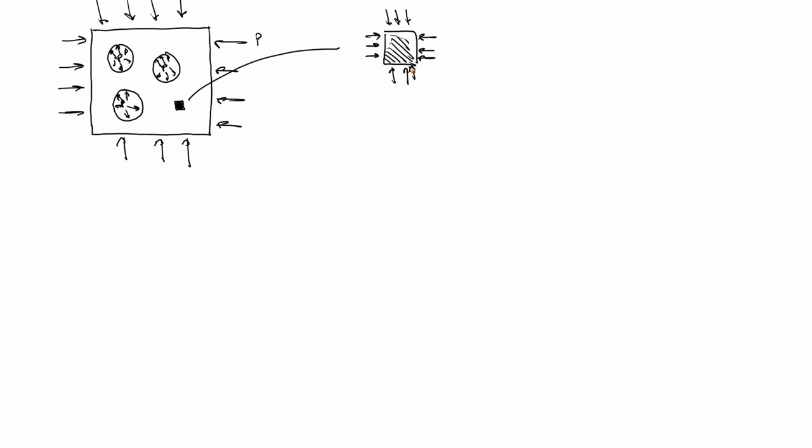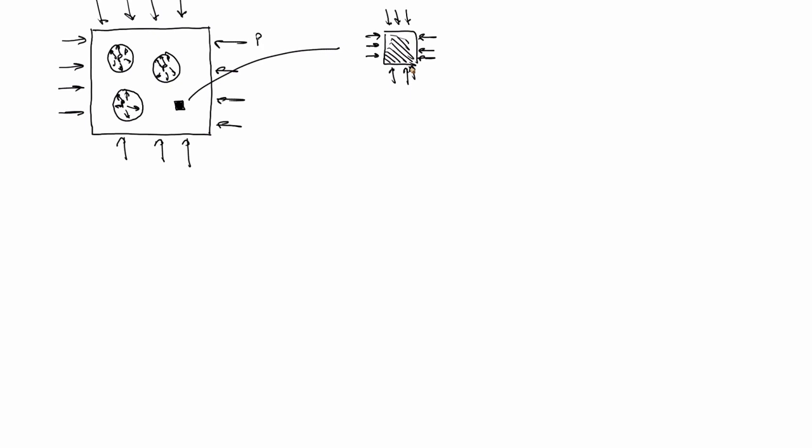I've got an externally applied stress of P. There's an internally applied stress from the pores of P. The thing's in equilibrium. So what would the stress on that be? No, it's not zero. It's P, right?